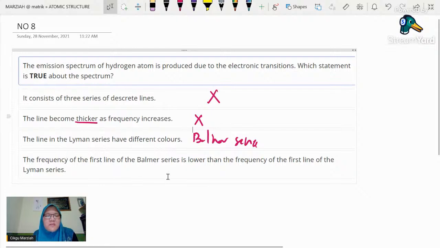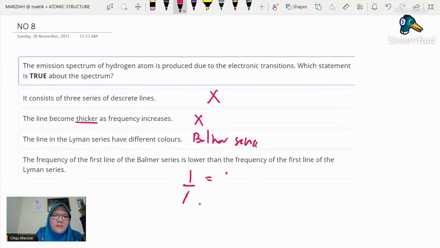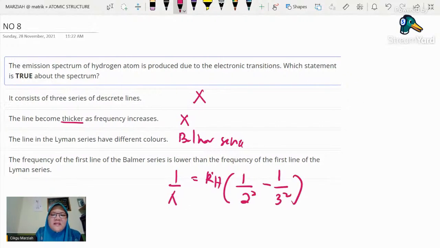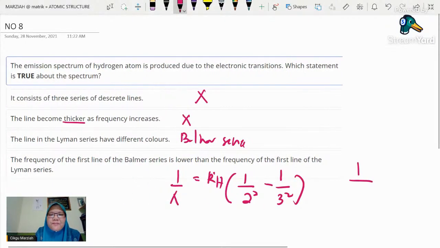Okay, ni betul. Kalau you tak percaya, you boleh kira. You kira delta E sama dengan, ataupun you boleh kira lambda lah. 1 over lambda, first line in Balmer, RH, 1 over 2 squared minus 1 over 3 squared. And then you kira first line in Lyman.